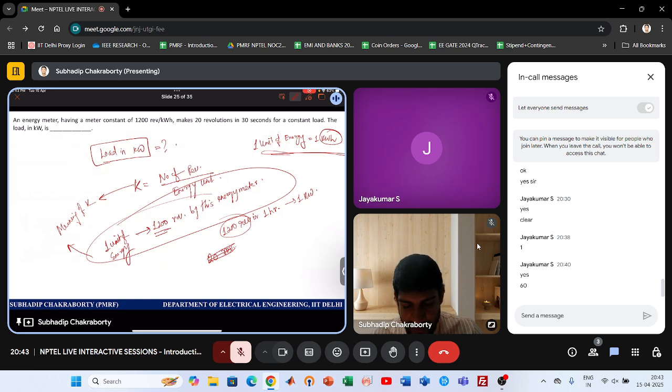So now it is giving you that it is revolving only 20 revolutions in 30 seconds. Then what is the load? In kilowatt they are asking. So energy is nothing but kilowatt into time in hours.